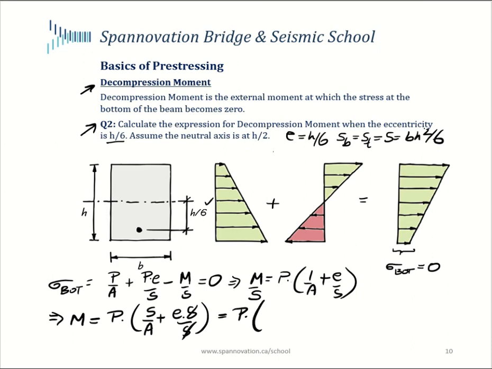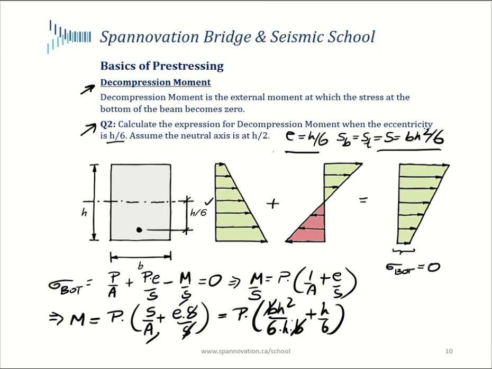Now I can start introducing the parameters. So S, as we can see over here, is bh²/6 divided by the area, and area would be the height times the width, plus eccentricity, as we noted earlier, is h/6. There's a whole bunch of things we can cancel out over here.